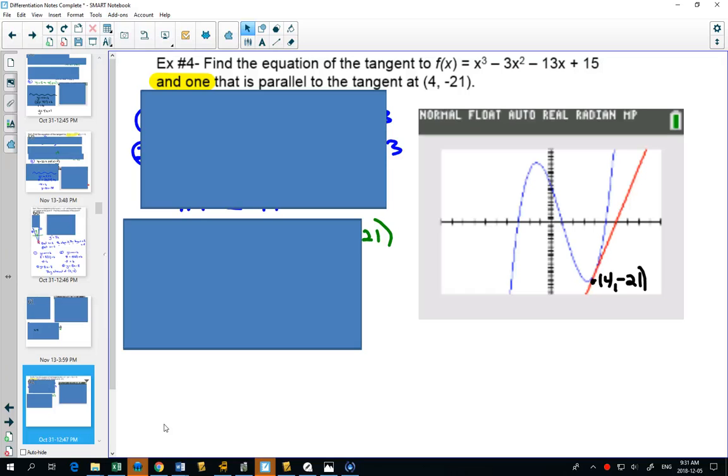So there we have a graph of what's happening. For part 1, find the equation of the tangent to f(x).